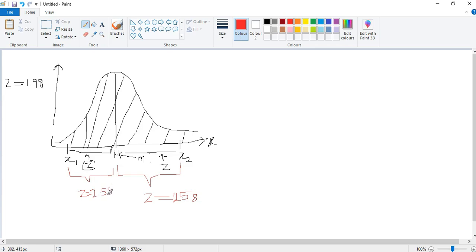Alright. Always z is the gap between the mean and the related x values. Remember that. And if the gap is the same, then the area is also the same on both sides. So the gap decides everything. Alright.